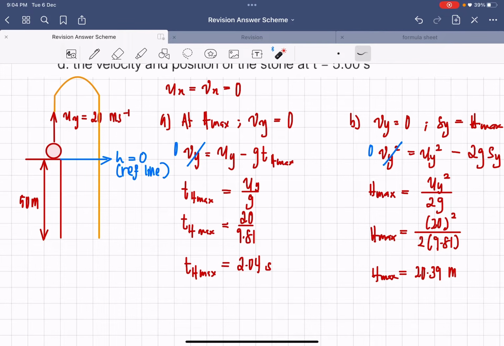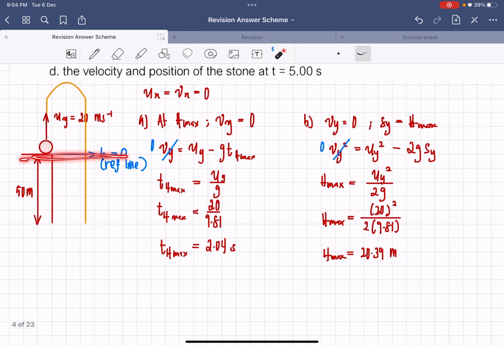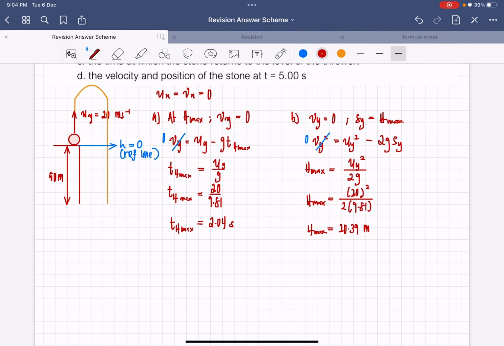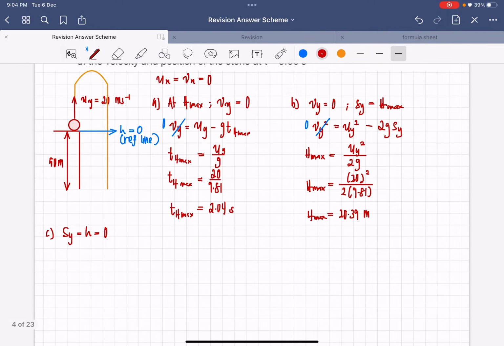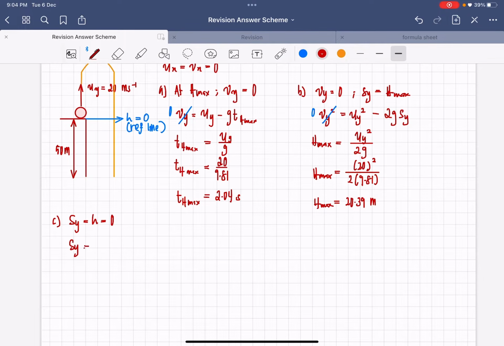But now it asks exactly at the reference line. It asks for the time, so that means we can use the equation with displacement and time. Here we can put Sy equal to h, which is equal to 0. Alright, so we can use the equation Sy equals Uy t minus half g t squared to find the time.